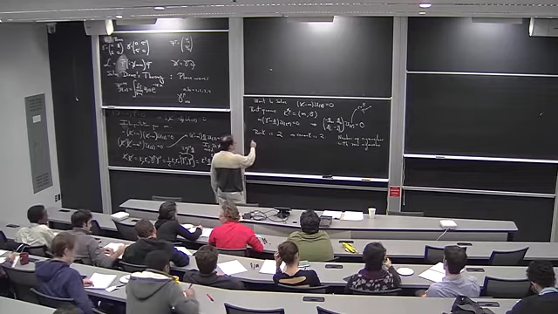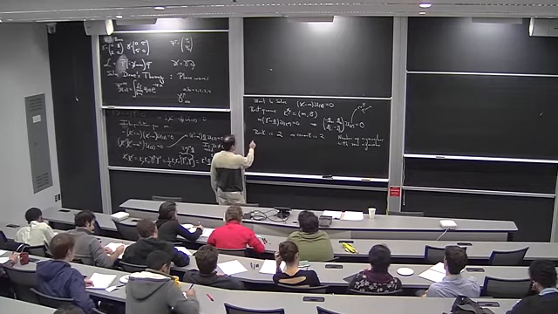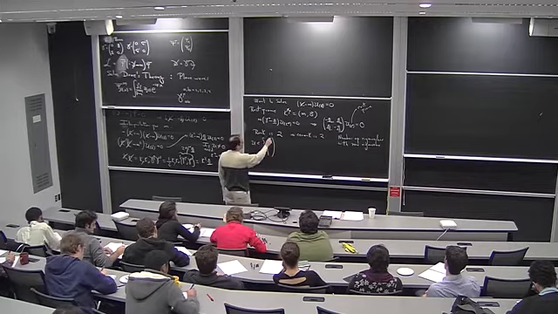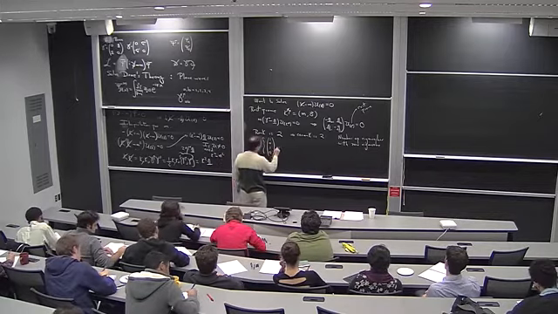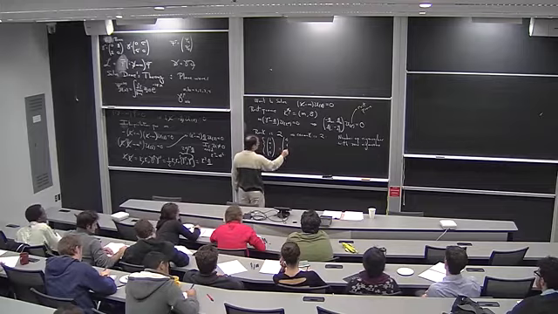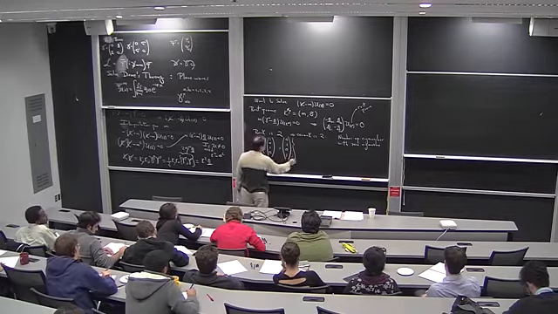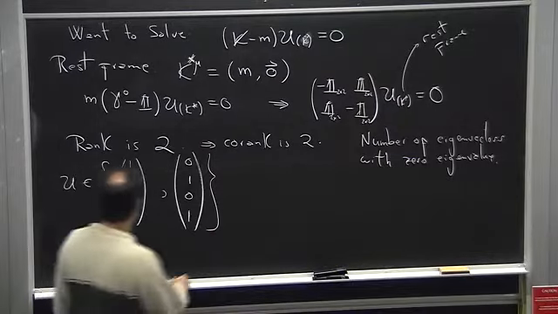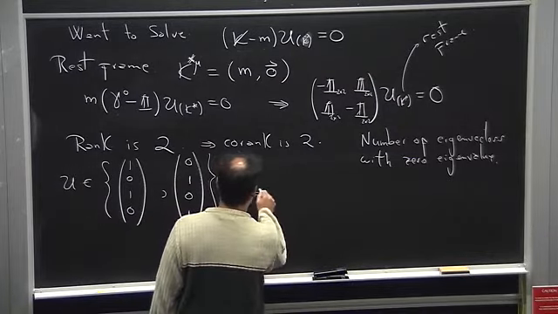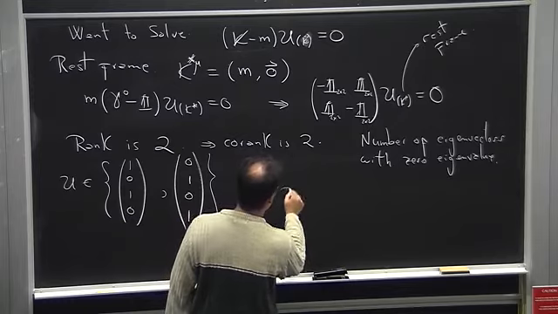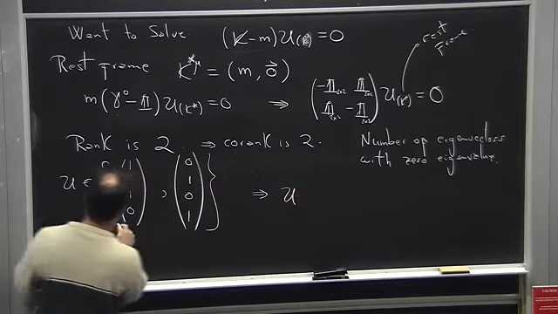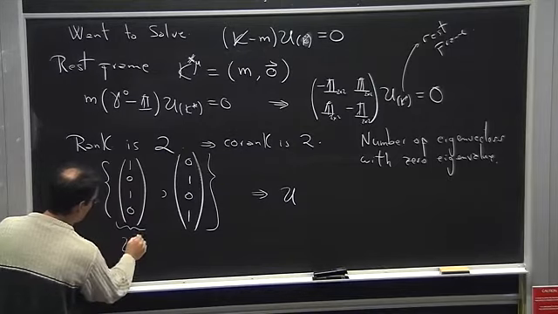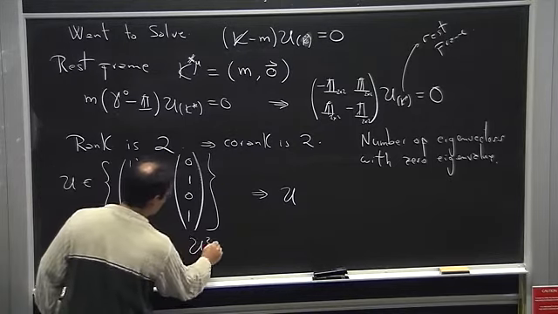We know that the null space just has to be something of this form, or is spanned by these two vectors. So this means that we can choose a basis. We can call this U1 and this U2.